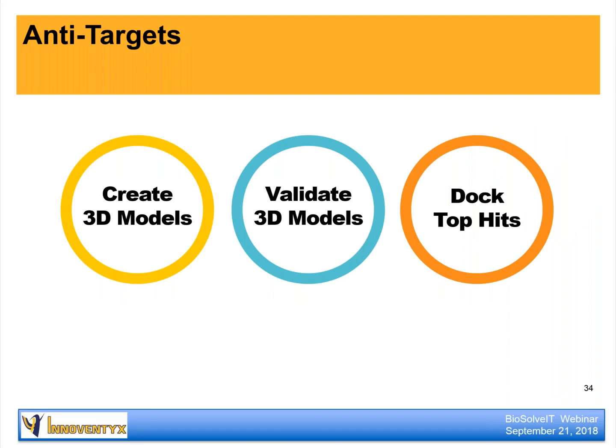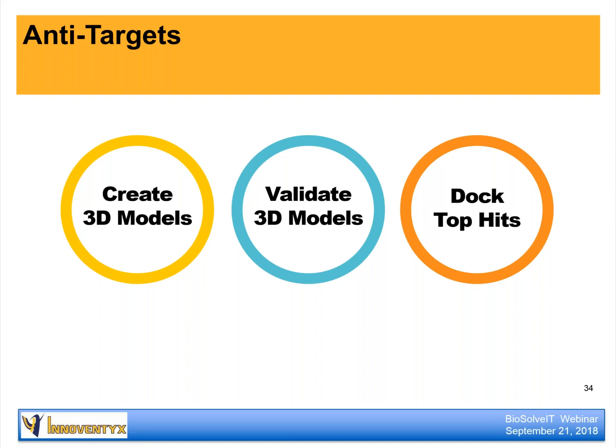But I mentioned earlier that you might be dealing with a biological target for which there are other biological entities that are very similar to it. So we can call those anti-targets. Those are the targets that you don't want to hit, because that can lead to unwanted toxicities. So the process is practically the same.